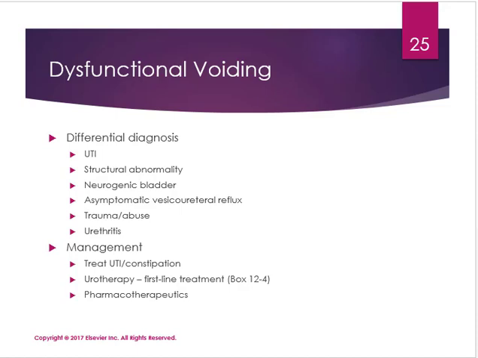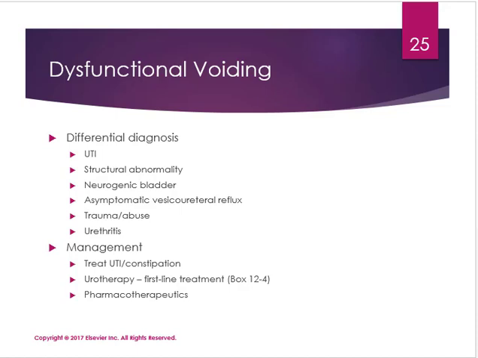There's an excellent section in the book on box 12-4 called Urotherapy for Dysfunctional Voiding and Enuresis. This gives good information for the parent and the child about how the bladder works, how to implement bladder retraining, giving lifestyle advice regarding diet and fluid intake, monitoring progress, and assessing any bowel issues.